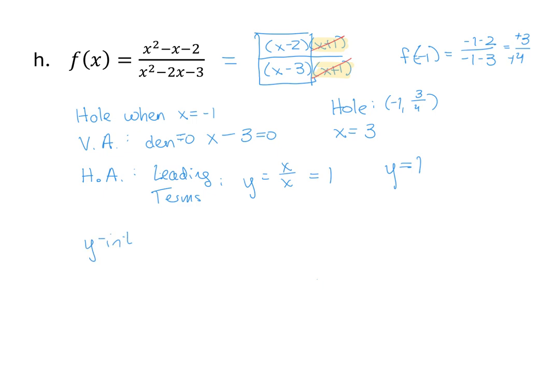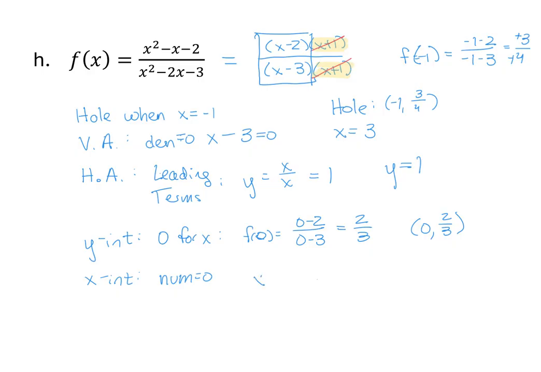For the y-intercept, if we plug in 0 for x, we get f of 0 equals 0 minus 2 over 0 minus 3, which is 2/3. And finally, for our x-intercept, we set the numerator equal to 0, and we get x equals 2.